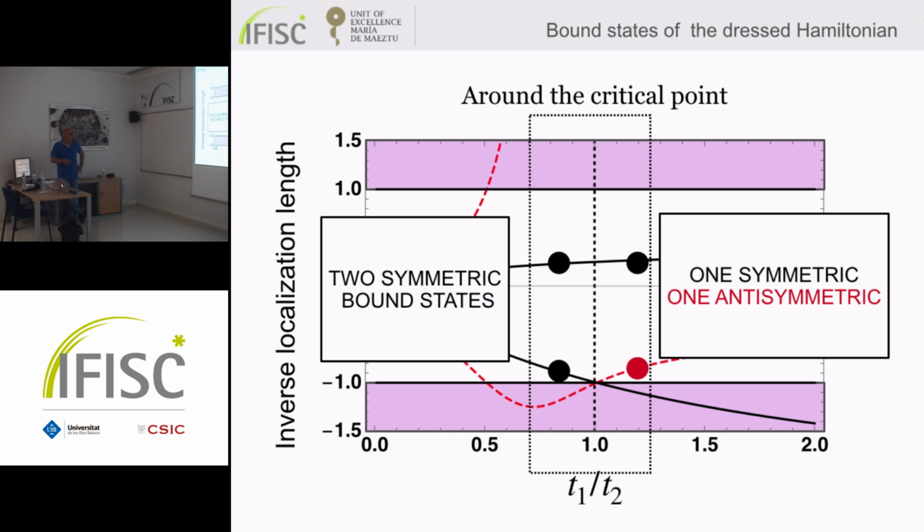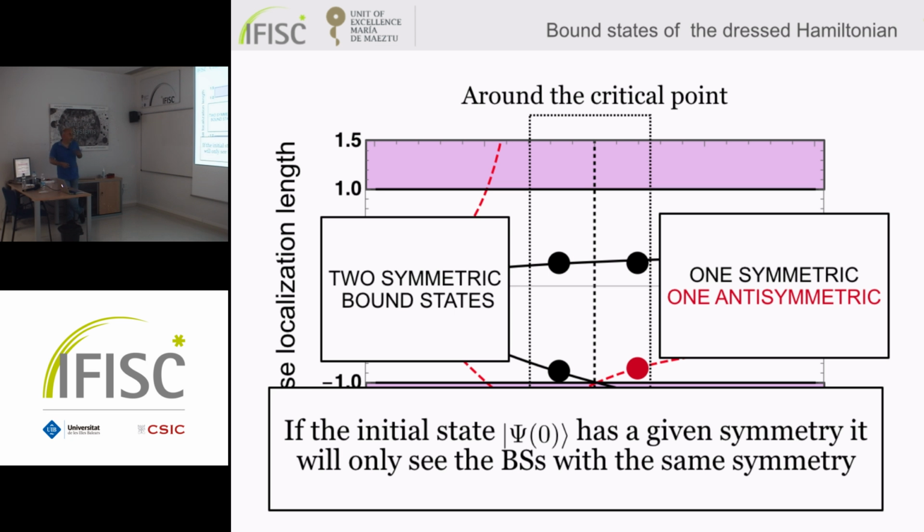So if you choose as an initial state a state that has a given symmetry, when you transit around the phase transition, you can observe a very big change in the dynamics of this state, because it will be blind to one symmetry and only sensitive to the other one. If the initial state has a given symmetry, it will only see the bound states that have the same symmetry, because the others are orthogonal.